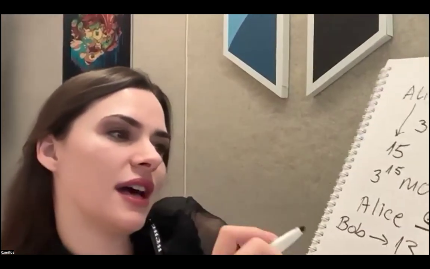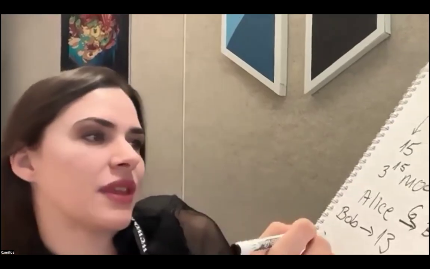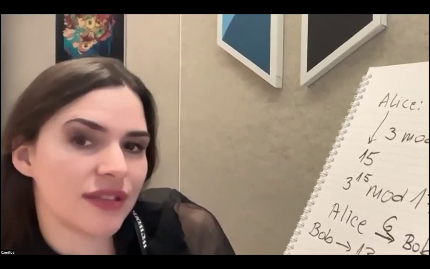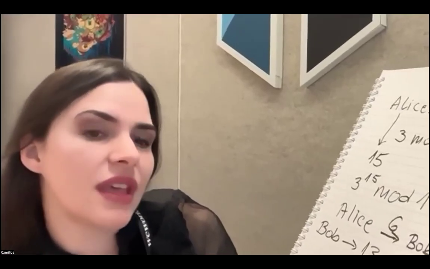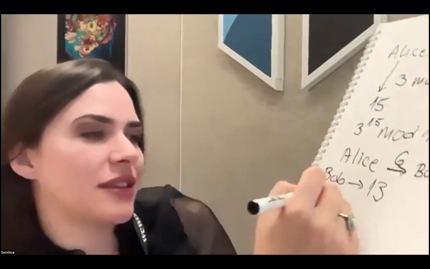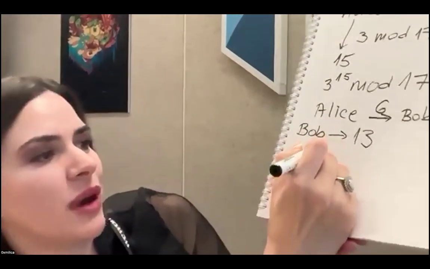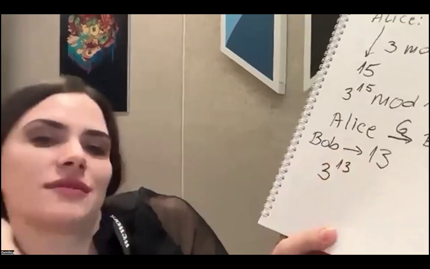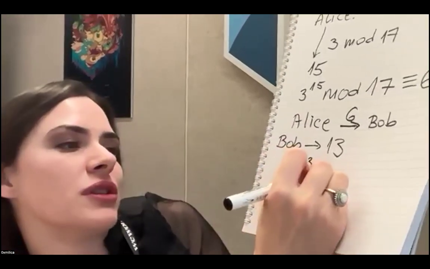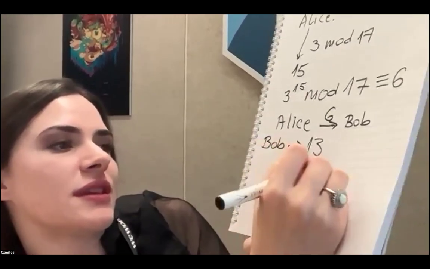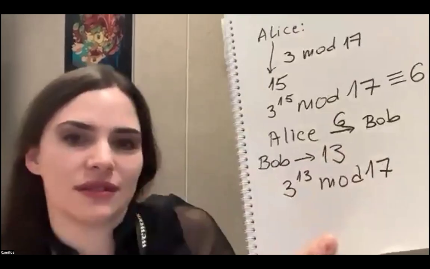Because they have agreed to a prime modulus and a generator, 17 and 3, right? He will take 3 to the power of 13 modulus 17.